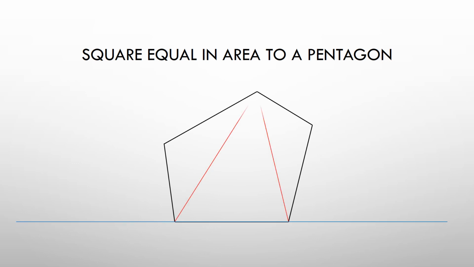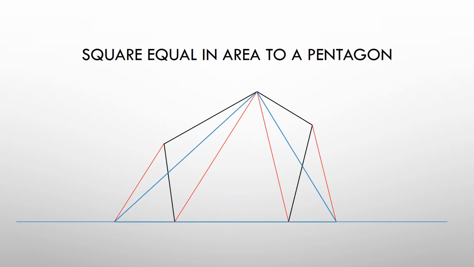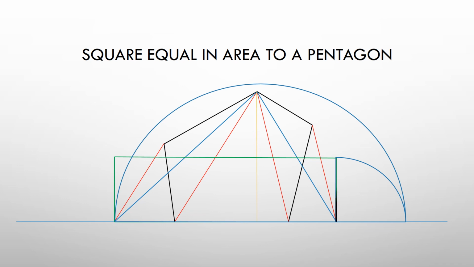What we must first do is go to a triangle, and then from that triangle, we can go to a rectangle, and from that rectangle, we can go to our square. So now we have a square equal in area to our irregular pentagon, and it's easier to find the area of the square than the area of the pentagon.